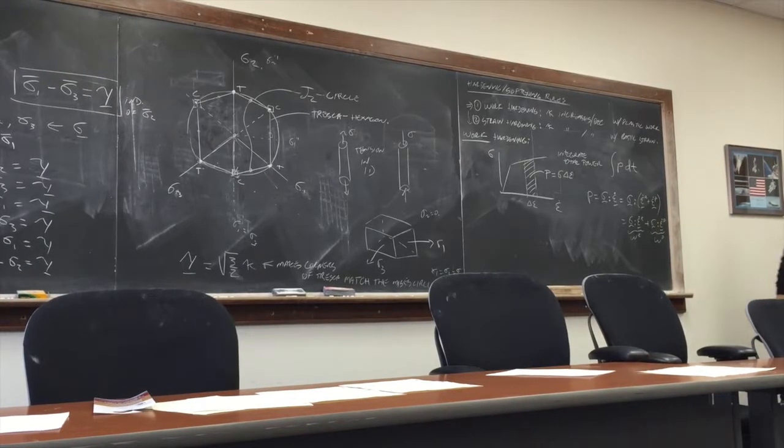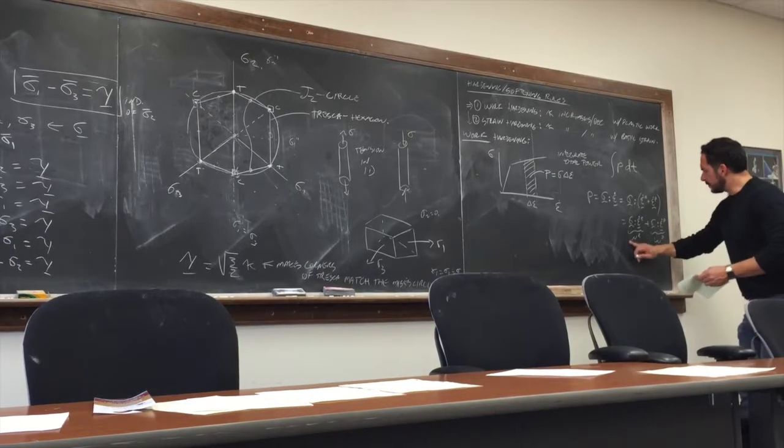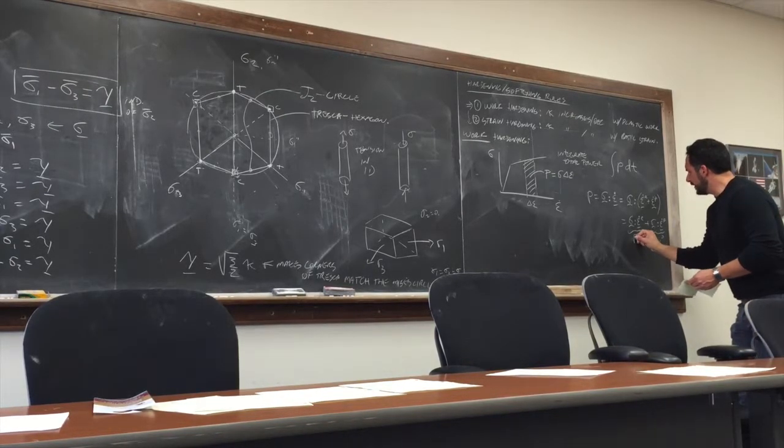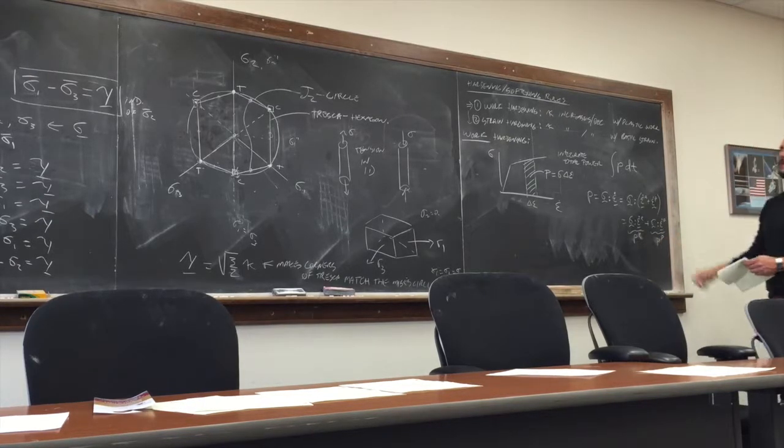Let me be consistent with my nomenclature. Let me call it PE. I know why I'm doing W, but W is something else. So let's just call them PE and PP, for elastic power and plastic power.